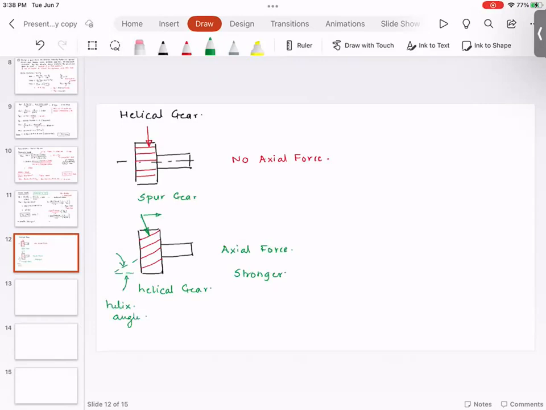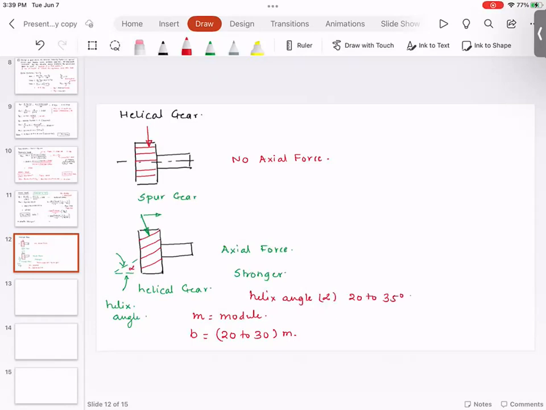This is the helix angle. For helical gear, M also is called module, but B by M ratio is anywhere between 20 to 30 times module. The helix angle, which is alpha, is typically 20 to 35 degrees.